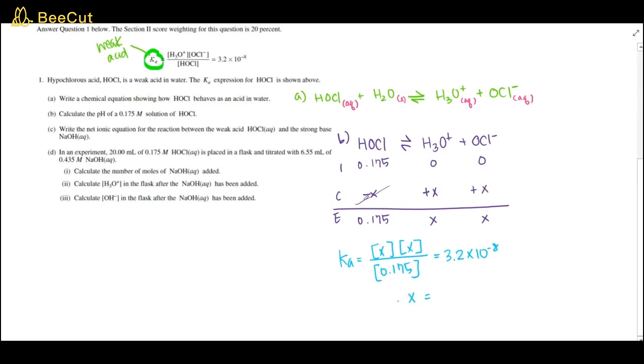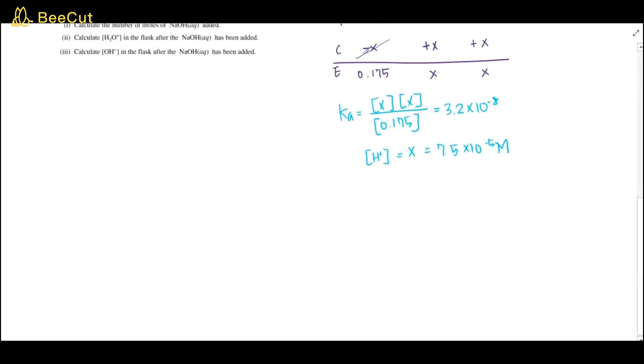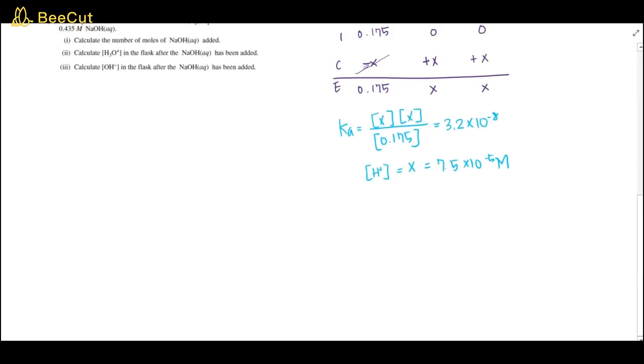So if I solve for x, which happens to be the concentration of H+, I can easily find the pH. And so this is going to be the molarity of H+ that I have. Now, how do I calculate pH? I just plug it into the pH equation, which is negative log of H+.